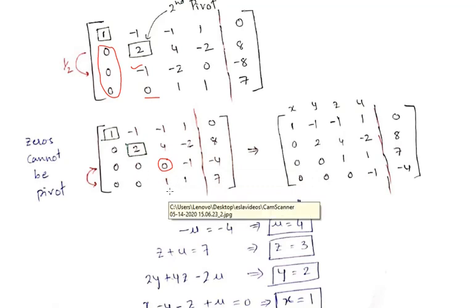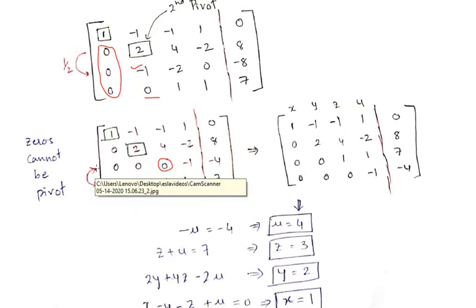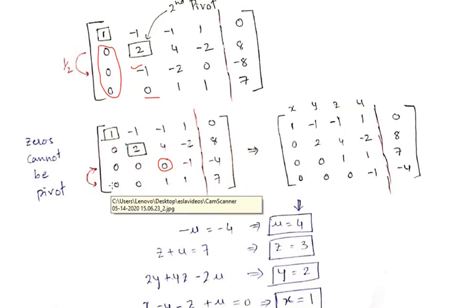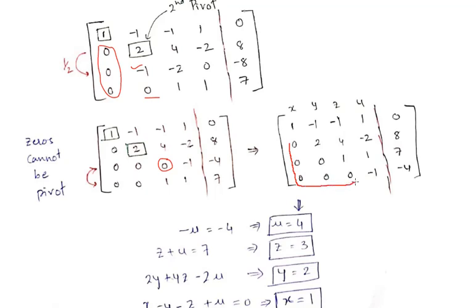What smart work we can do is exchange these equations, these rows in the matrix. So row 3 can be exchanged with row 4, so that we will achieve all the elements below the diagonal being 0.